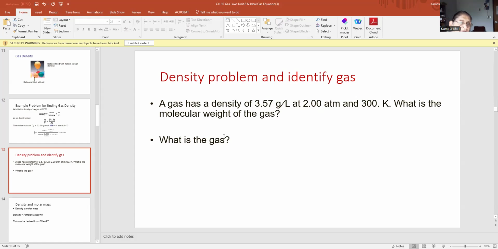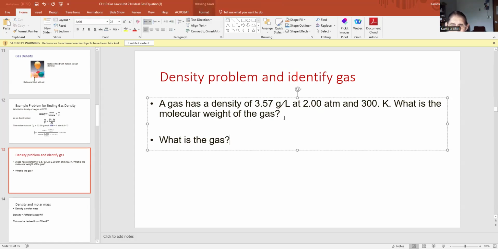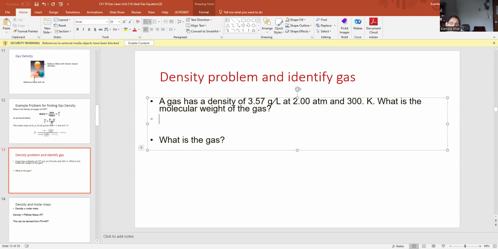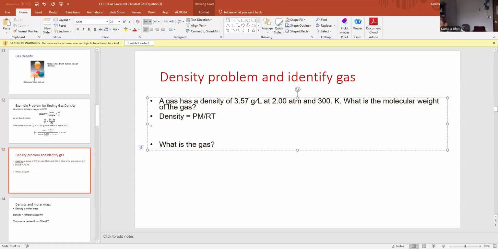So we go back to the previous equation. I'm going to solve it over here. How do we solve it? It's very simple. Density is equal to PM divided by RT.